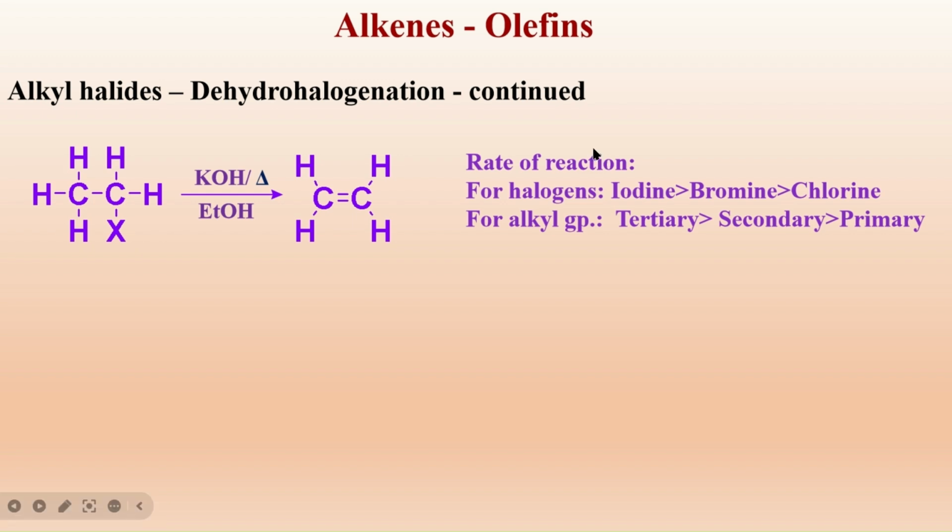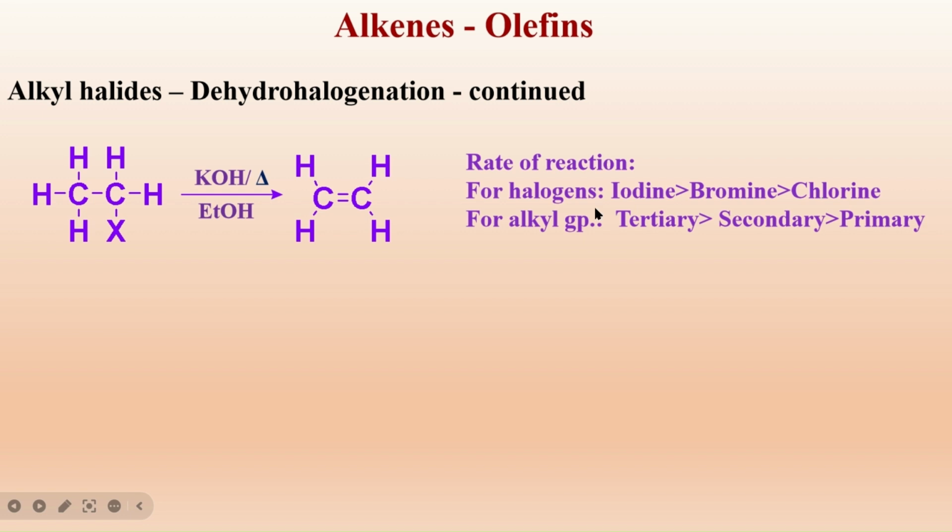As I said, generally the alkyl halide we take is a bromide or an iodide, as they are better leaving groups. The rate of the reaction will be like this. Among halogens, we prefer iodide over bromide, and bromide over chloride, because iodine is a better leaving group than bromine, than chlorine.